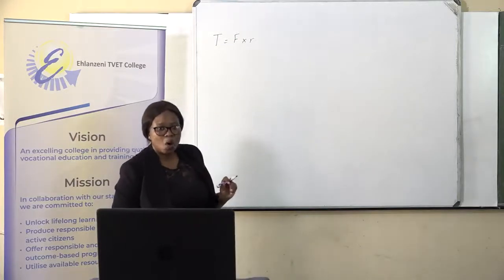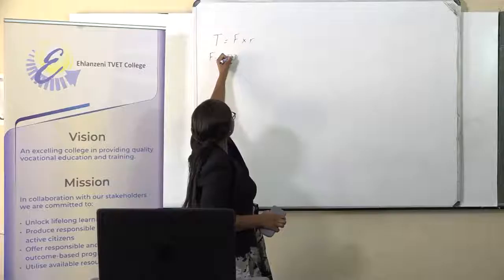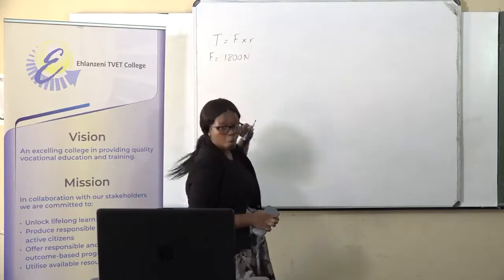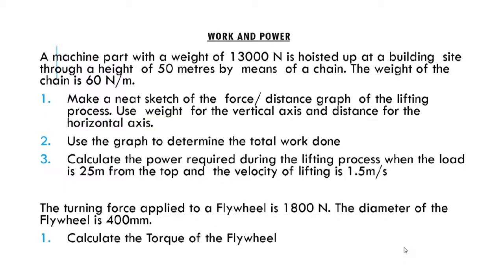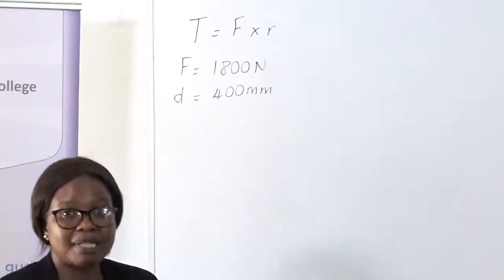What are we given? We are given the force, which is 1,800 newtons, and we are given the diameter, which is 400 millimeters. But according to our formula, we say force times radius.